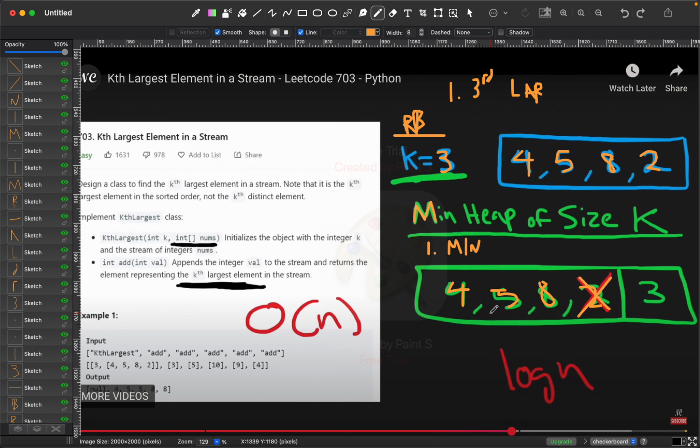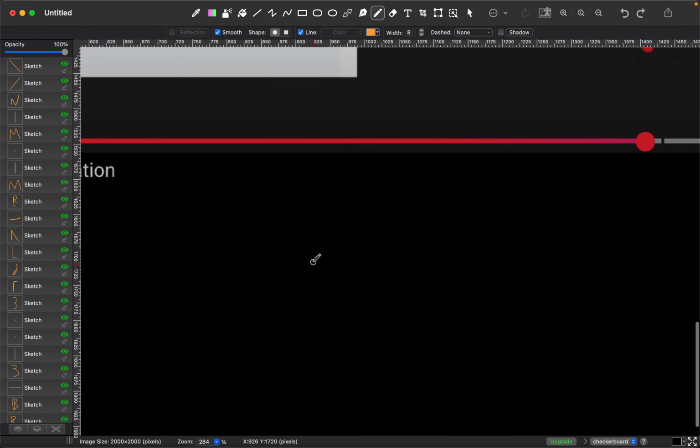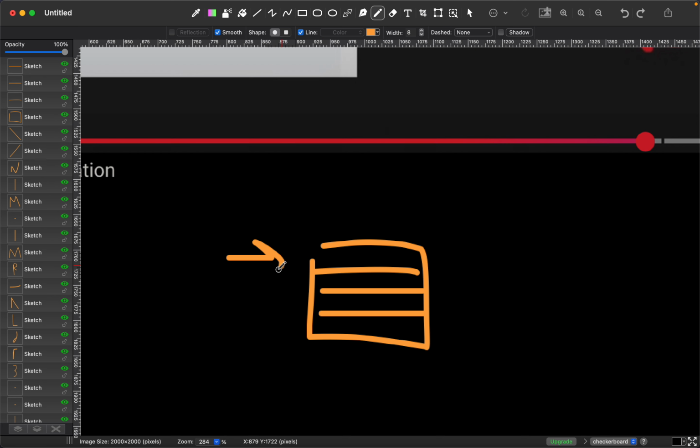When I look at it, you remember how a stack works, they will always look at the last value.